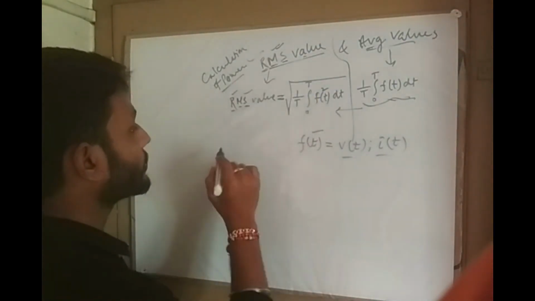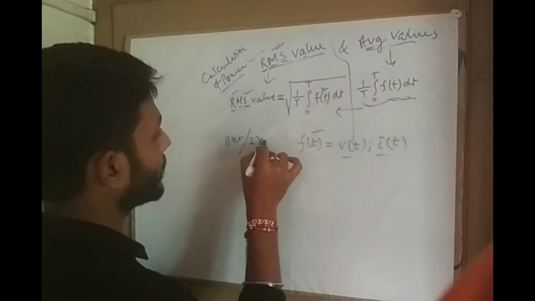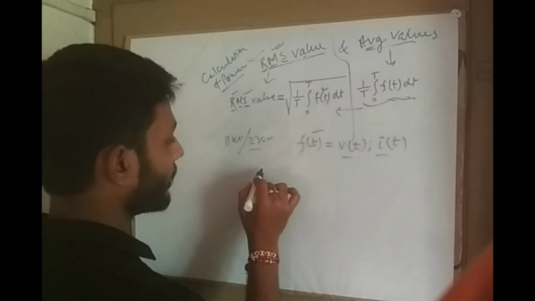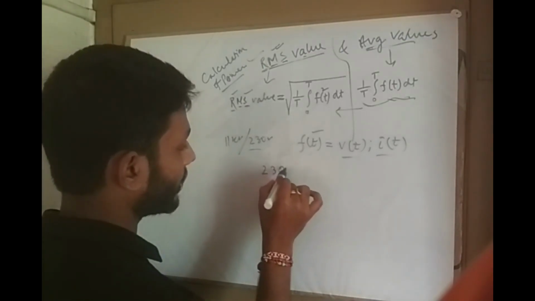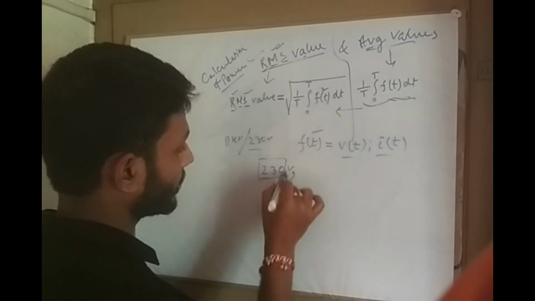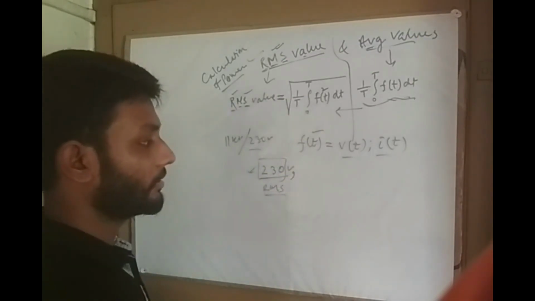Suppose in a transformer rating, if it is given 11 kV divided by 230 volt, or in any device you can find the voltage rating 230 volt.